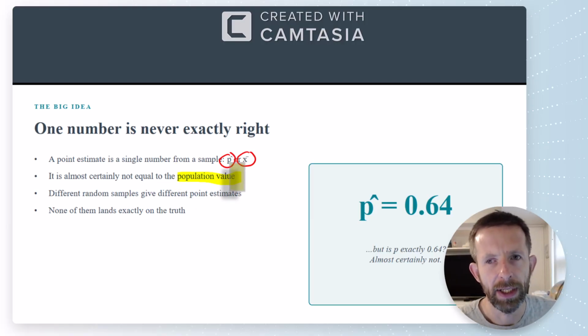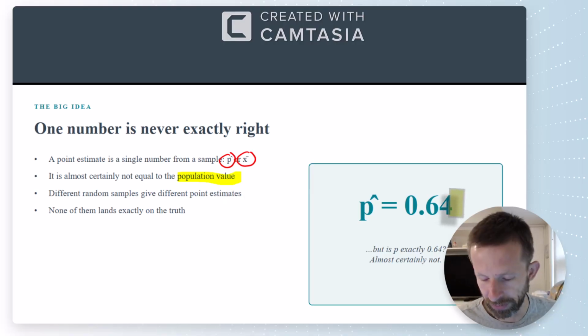So if you have a sample of, let's say, 100 freshmen, and you find the average weight, then if you were to look at the population of all the freshmen at a university, the average weight of those 100 is almost certainly not going to be the same as the average weight of the whole population.